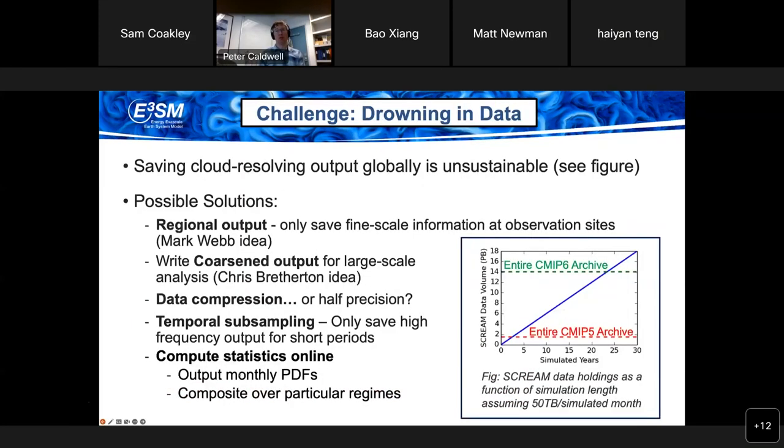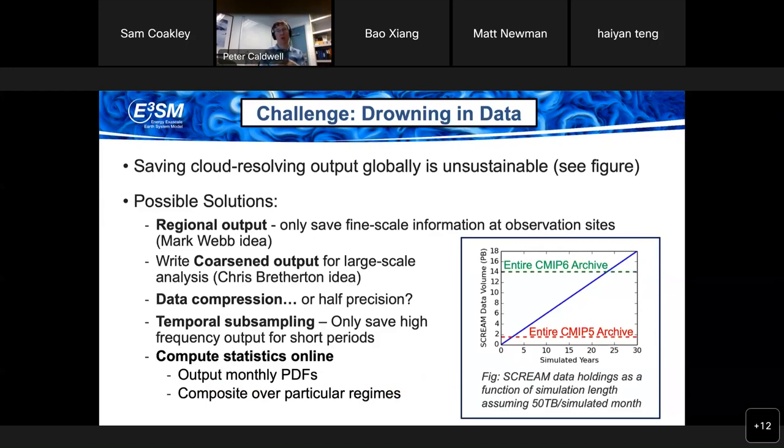Another huge issue with these models is that, think about it, you're resolving all of the storms over the whole globe. That's the information you want. You really want this fine scale information for looking at, say, impacts. And as a result, you end up with something like 50 terabytes for every month of simulation that you run.